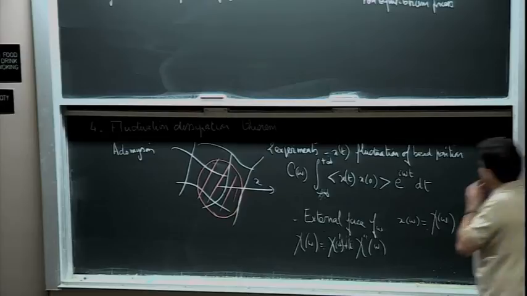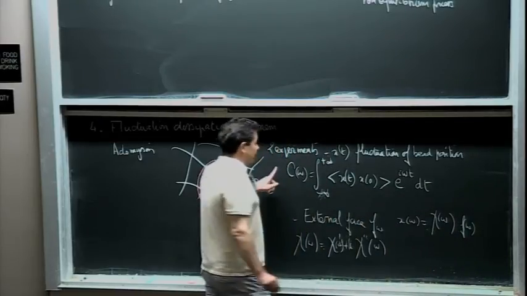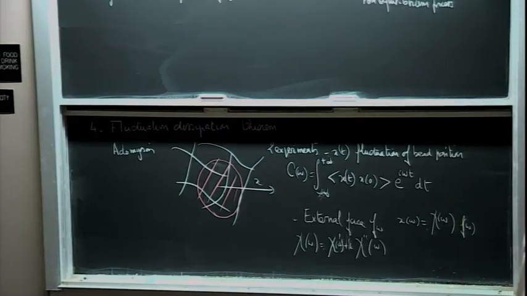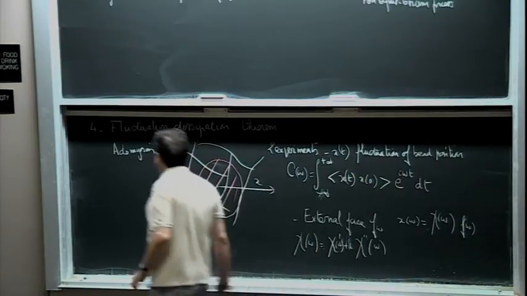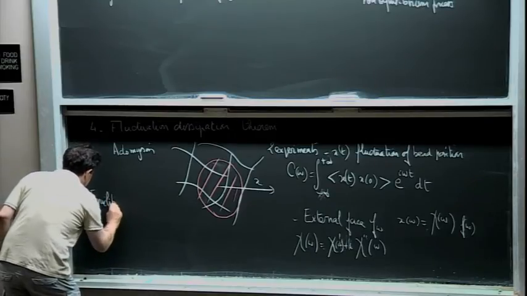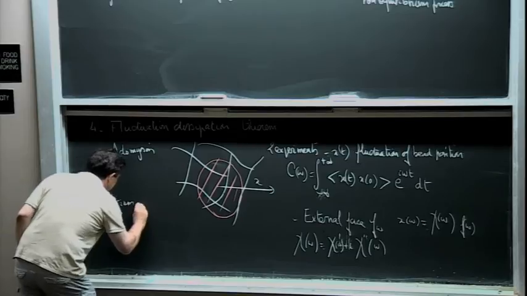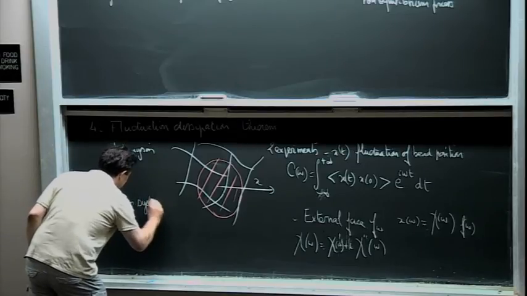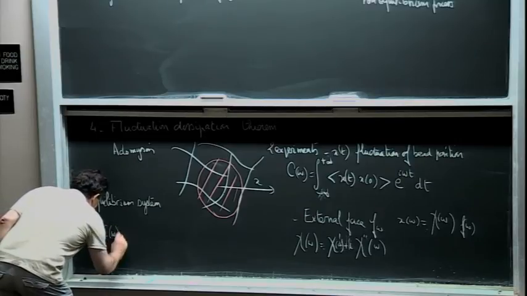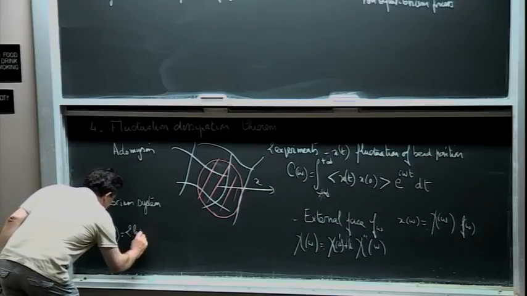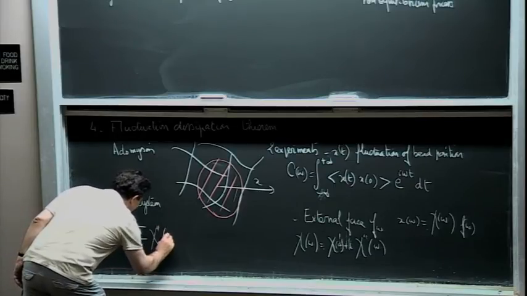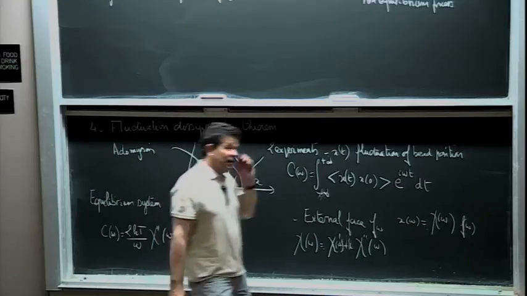Now, what the fluctuation dissipation theorem tells you is that in a system at equilibrium, these two experiments are related. So for an equilibrium system, C of omega equals 2 kT over omega times chi double prime of omega.